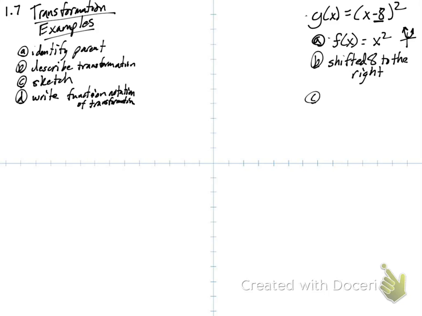Then part C, sketch the graph. So let's go over to our graph and sketch it. I have my original parent function, which is just the quadratic. Now we're going to shift this 8 units to the right. So instead of starting at (0, 0), I'm starting at, let's count by twos, 2, 4, 6, 8, at (8, 0).